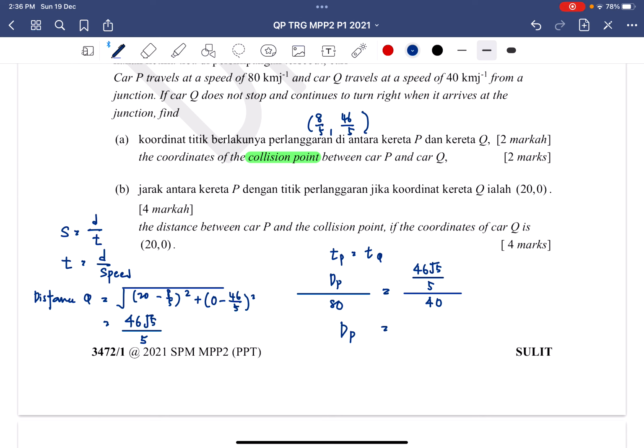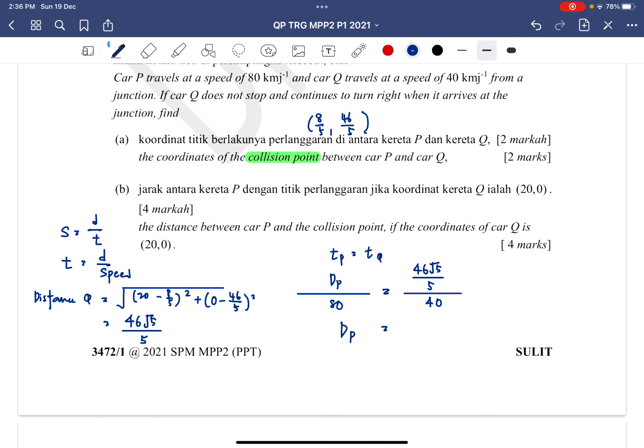I should get a value of around 41.144. Yeah, so this will be the distance, so that's all for this question.